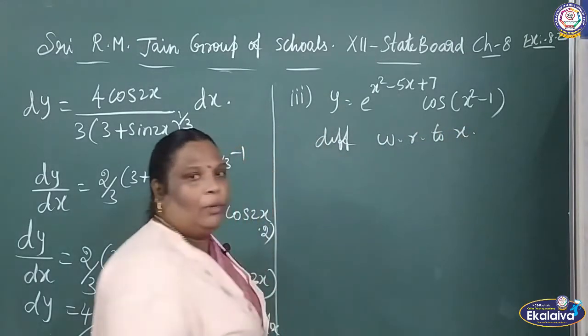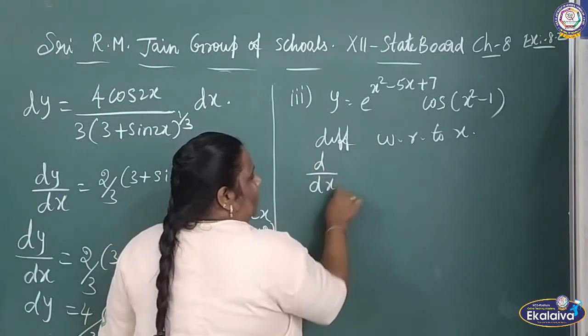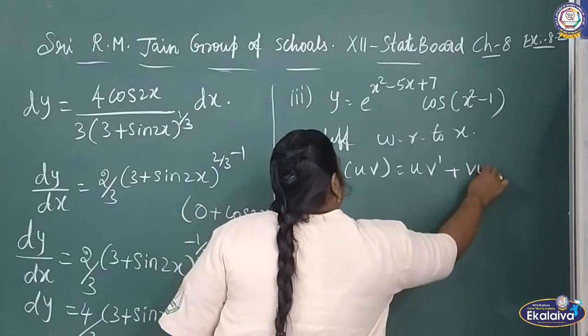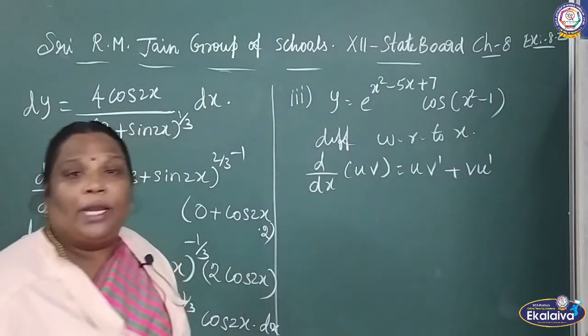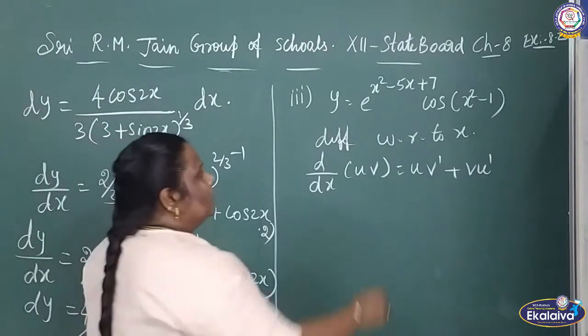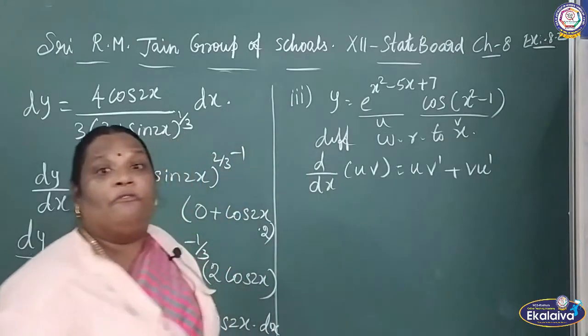What is the formula for d by dx of uv? d by dx of uv equals u v dash plus v u dash. This one you can take as u and this one you can take as v.